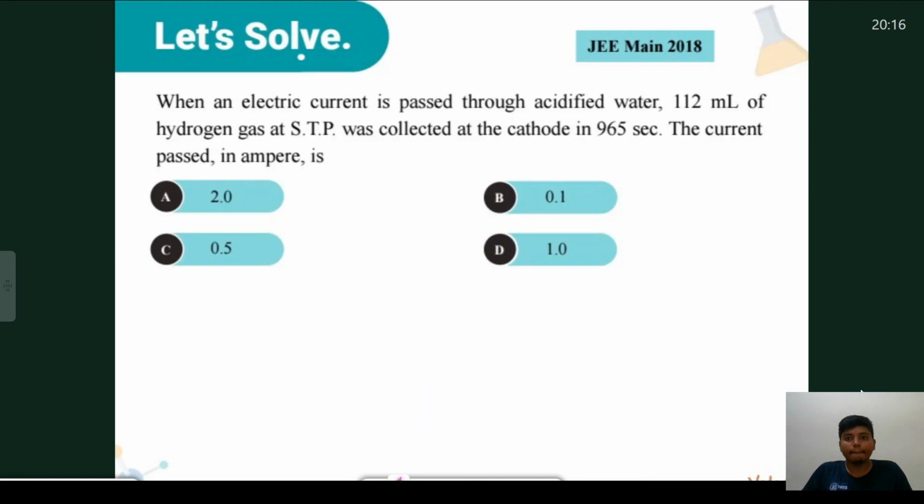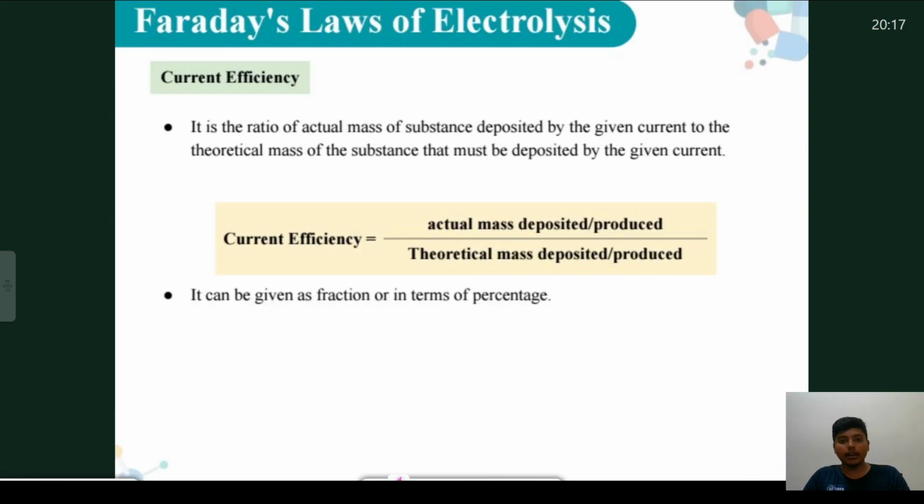But they gave us extra questions based on efficiency. Yes, sir. Simply, efficiency means whatever the calculated value. You calculated the W, and some experimental actual value is given, which you are actually getting. Multiply by 100.